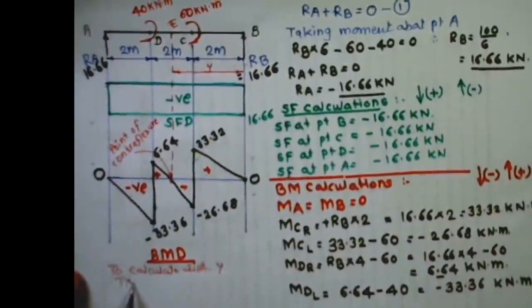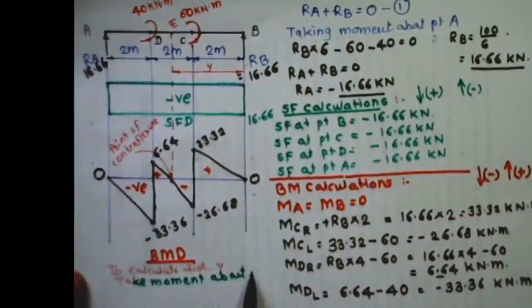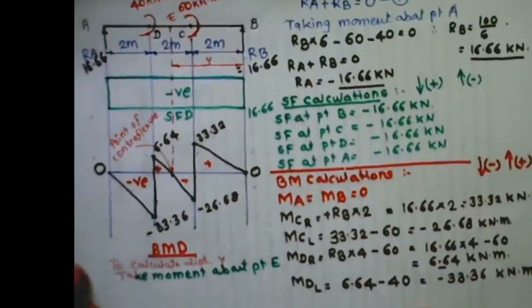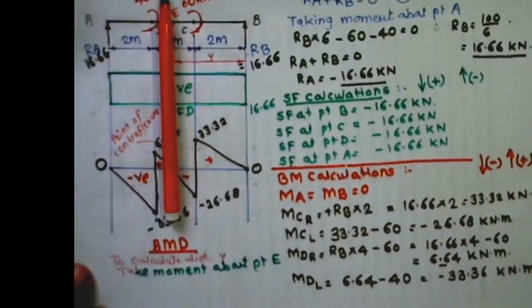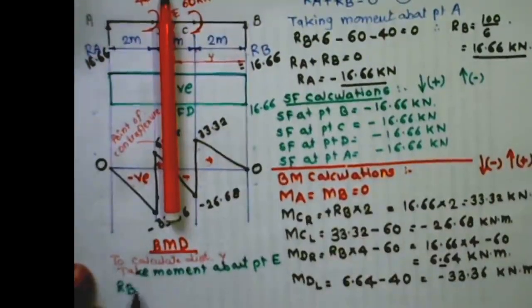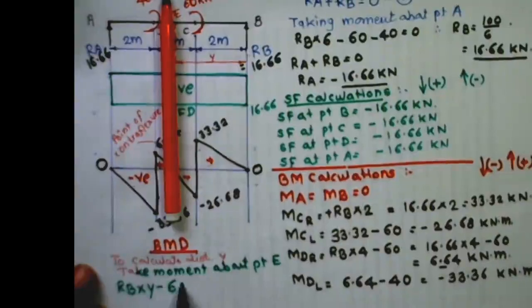Take moment about point E. In that case, if I take the section at point E, RB into distance Y minus the moment acting in the clockwise side, so minus 60, and we equate it with 0.